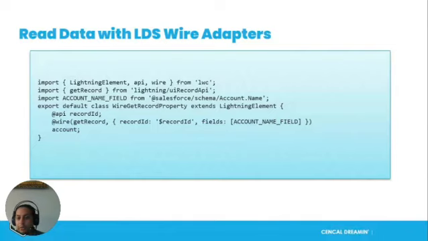To wire the account property, we apply the @wire decorator and specify the wire adapter to call, getRecord, and the parameters that the adapter needs. So this is an example of how we can read data with a Lightning Data Services wire adapter.